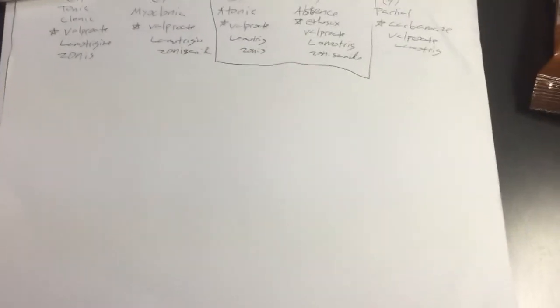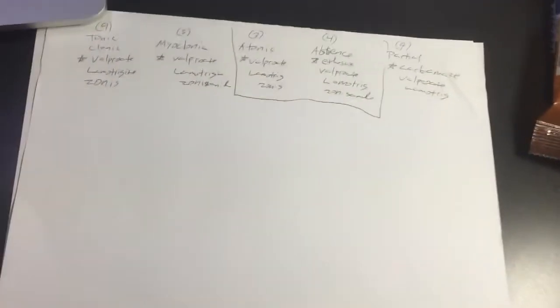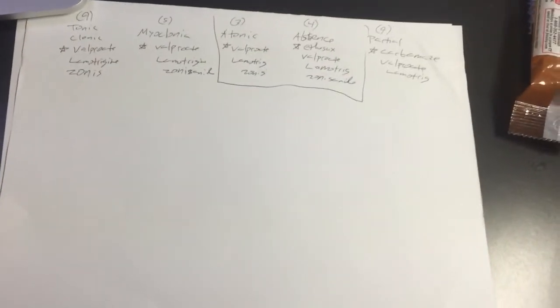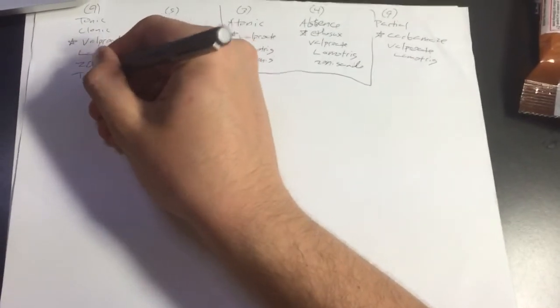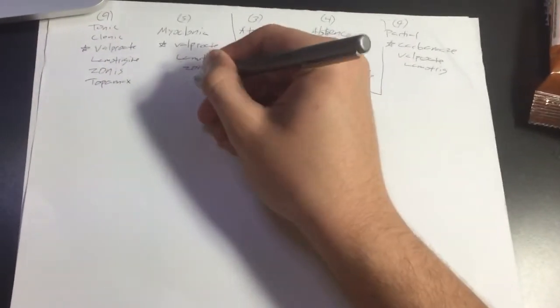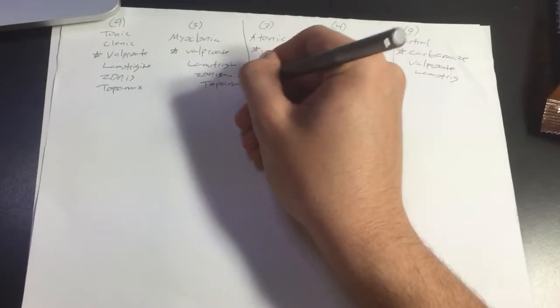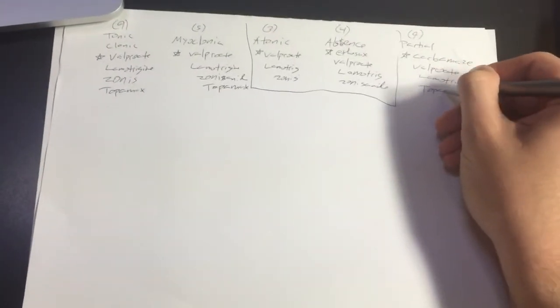So next, we've got to finish off the rest of the chart. And there's 2 drugs that are in 3 categories. And we've only got 3 categories left, so we know exactly where they're going. The 2 drugs that are left are Topamax and levetiracetam. So we'll just go ahead and write those in here.